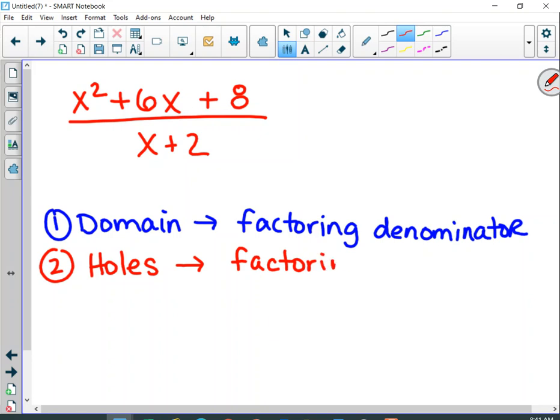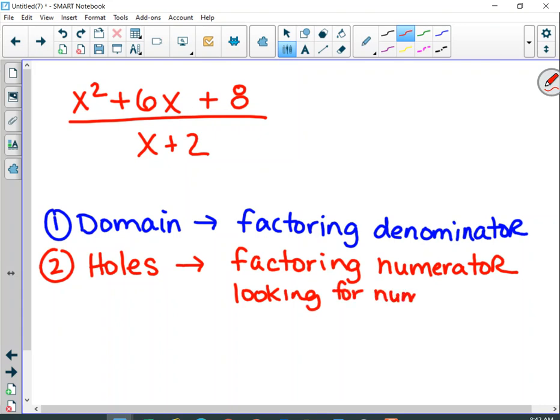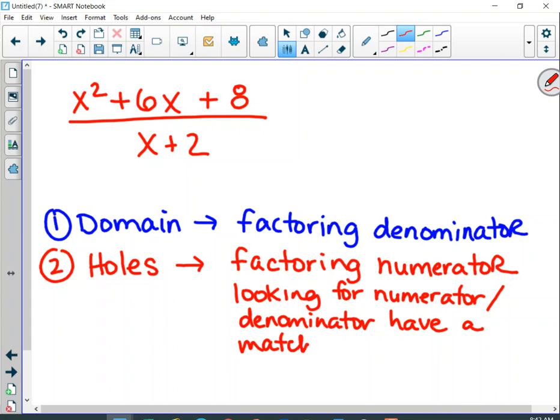And part of the search for holes is going to be you factoring the numerator and looking to see if the numerator and denominator have a matching factor.